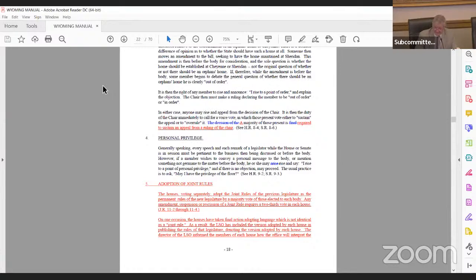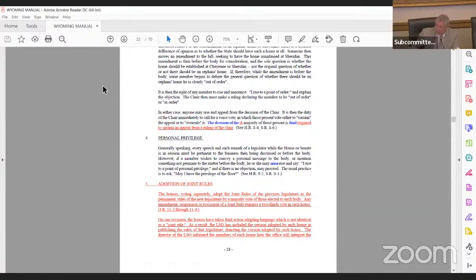And the question is, well, now that we want to change those rules, do we need a majority vote or 2/3 vote? And the LSO took the position that you need only a majority vote because that new legislature has never adopted that rule that said you'll adopt the preceding legislature's rules to govern until you change them.